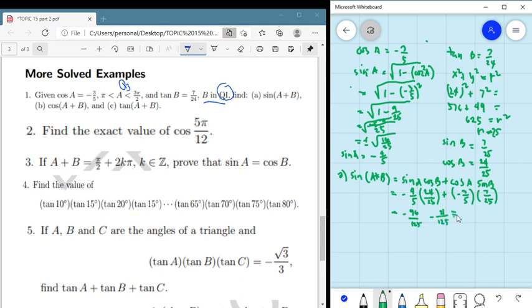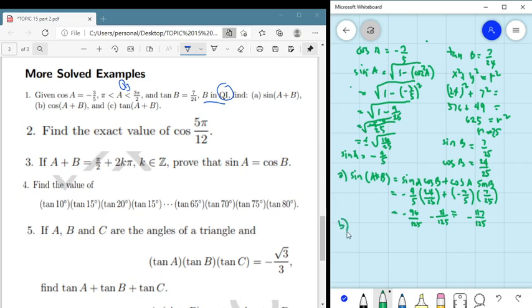So they are both negative, and if we add them, it should be equal to negative 117 over 125. In the book it's positive, but it should be negative since it's in quadrant 3.